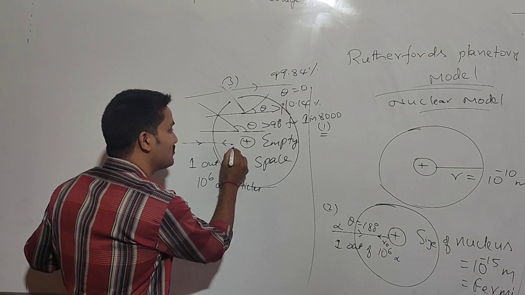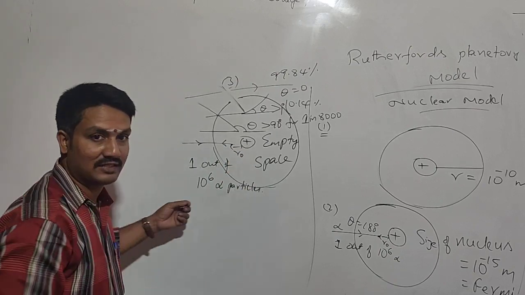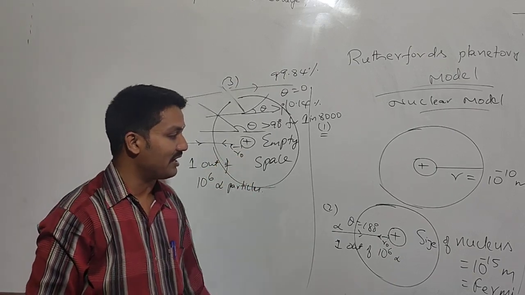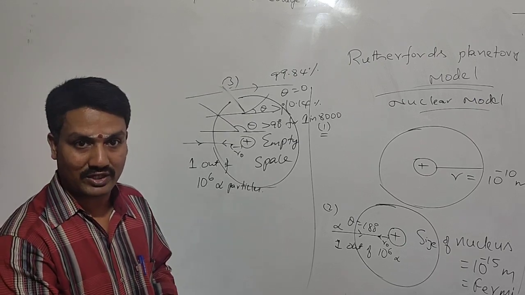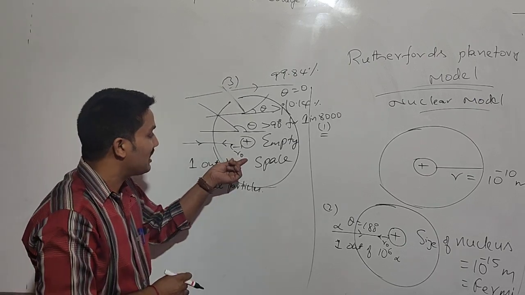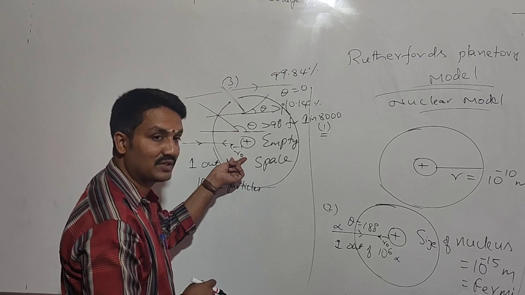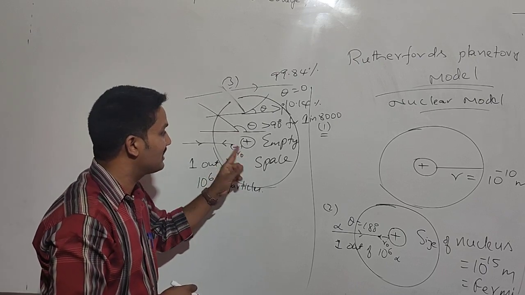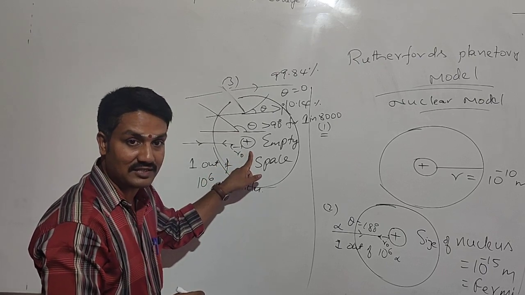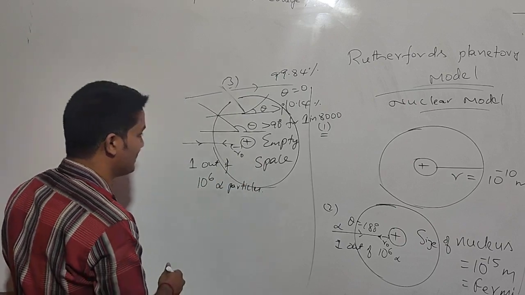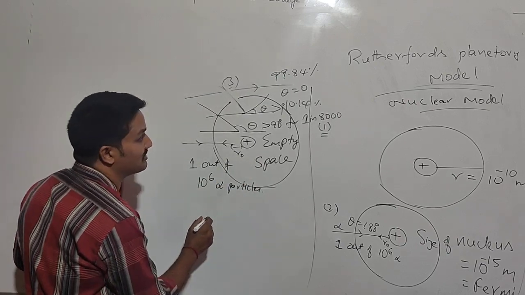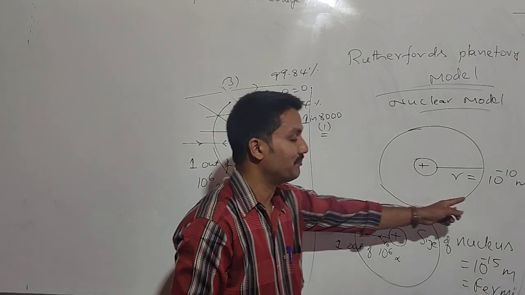By means of this, we concluded that the r0 value is in the order of 10 power minus 14, which is definitely greater than the size of the nucleus. Hence the size of the atom is taken as 10 power minus 10.